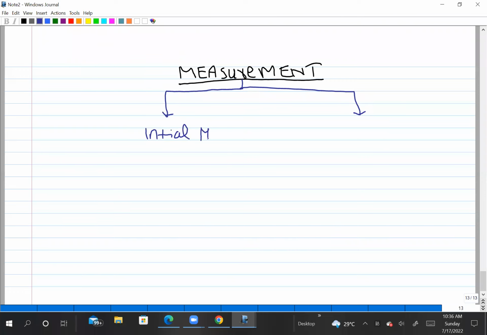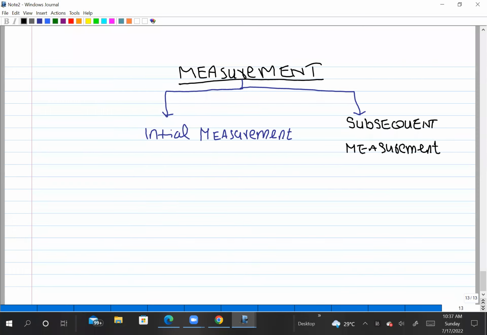One is known as initial measurement, and the other one is known as subsequent measurement.